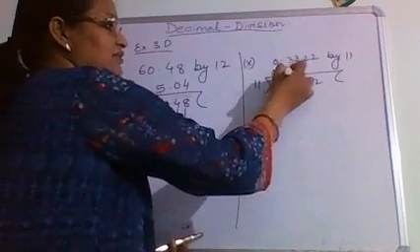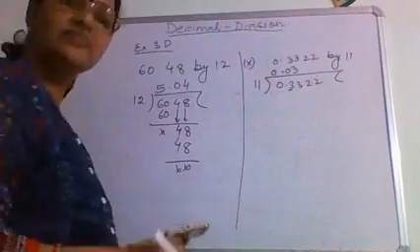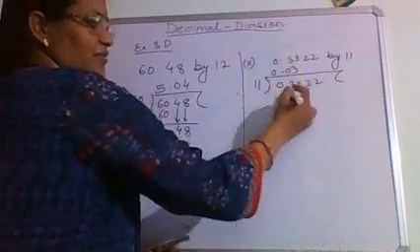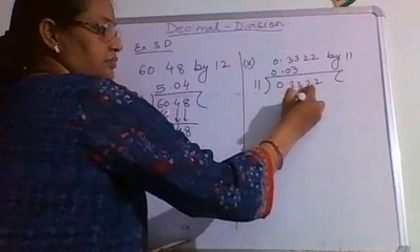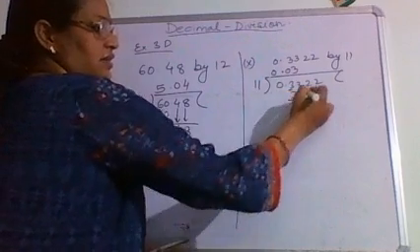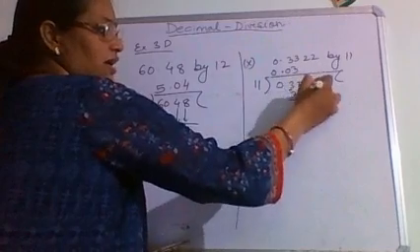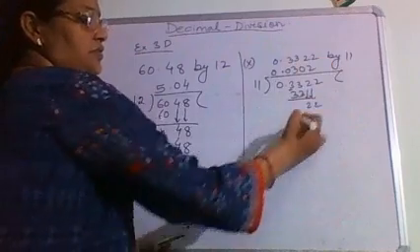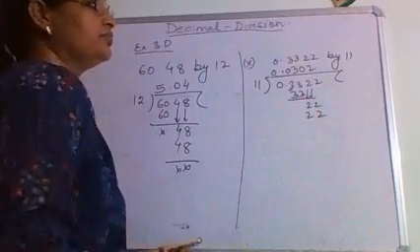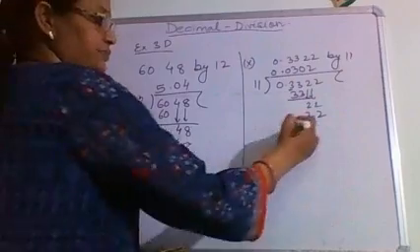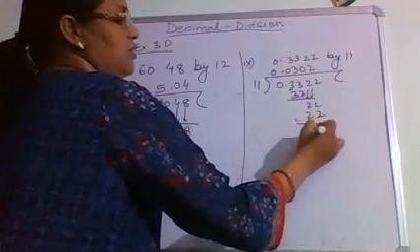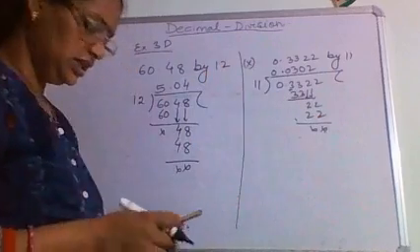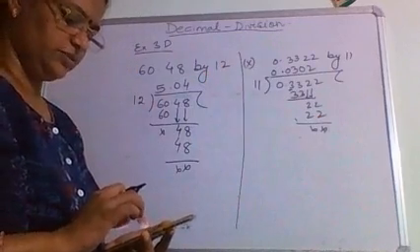So here we have to take 33, and then 2 comes out. Again I have to take 2. Right? So this is how you have to do it. These are the questions you can attempt on your own.